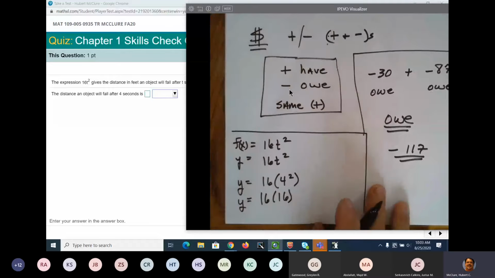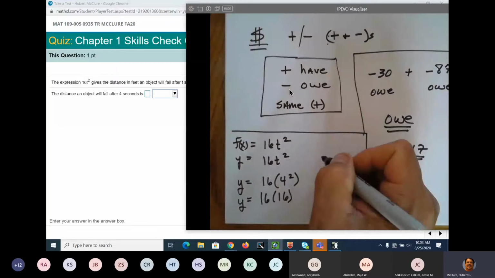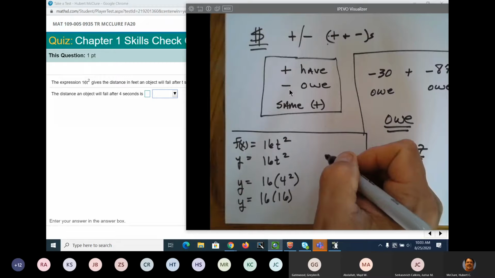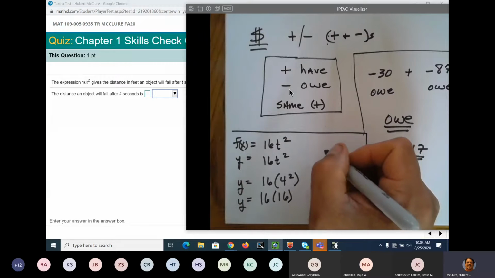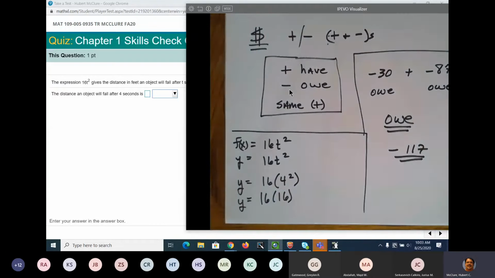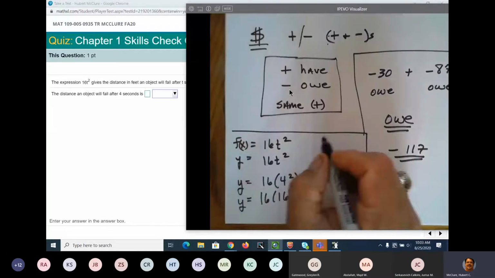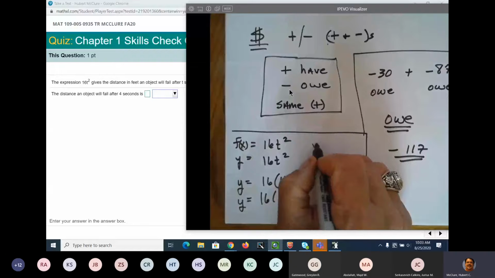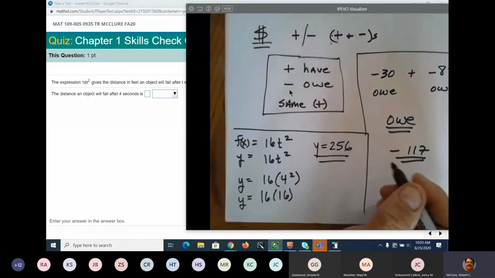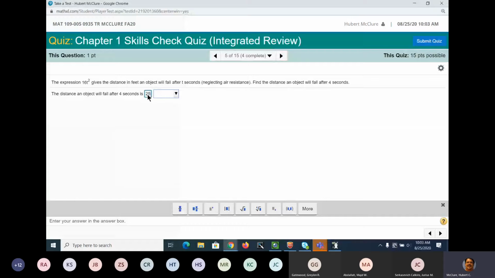Well, 15 squared is 225, 16 would be what? I want to say 256, but somebody tell me. Yeah, it's 256. Thank you. So after 4 seconds, it drops 256 feet.